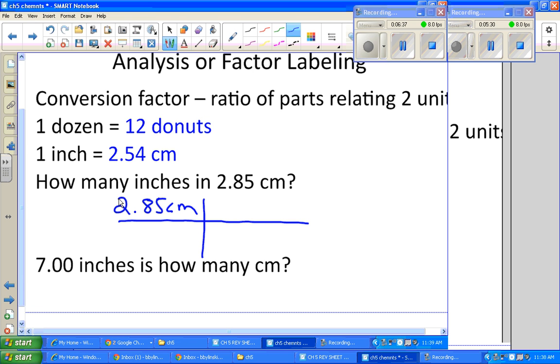Okay, your job is to tell me how many inches are in this many centimeters. Now, centimeters is on the top, right here. You need to put centimeters on the bottom. So use this conversion factor, okay, 2.54 centimeters is placed on the bottom so that it cancels. And 1 inch goes on the top.